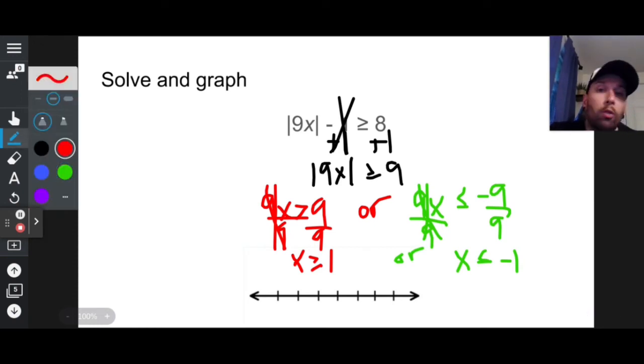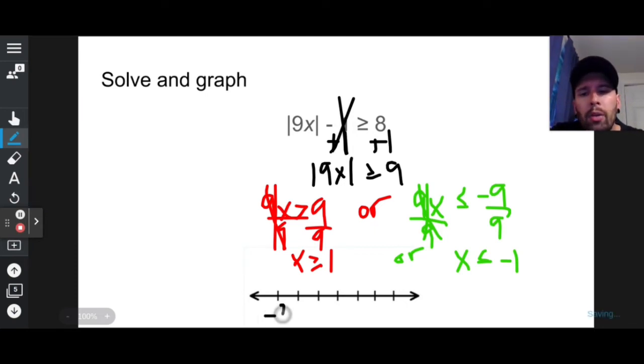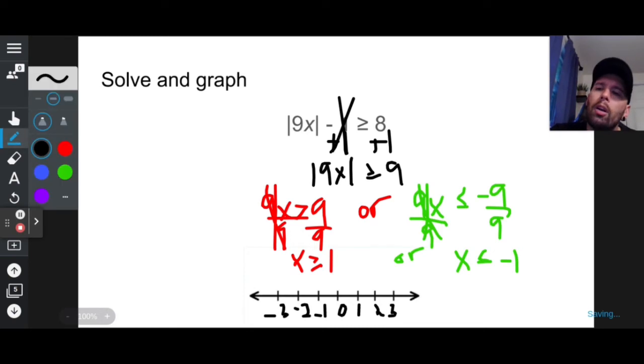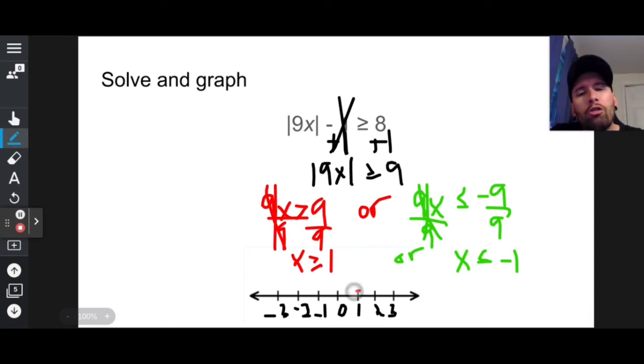So I'm going to graph each one on the line. So x is greater than or equal to 1. So let me do negative 3, negative 2, negative 1, 0, 1, 2, 3. If I'm going to graph the red one, I'm going to put a filled-in circle at 1. Go to the right.